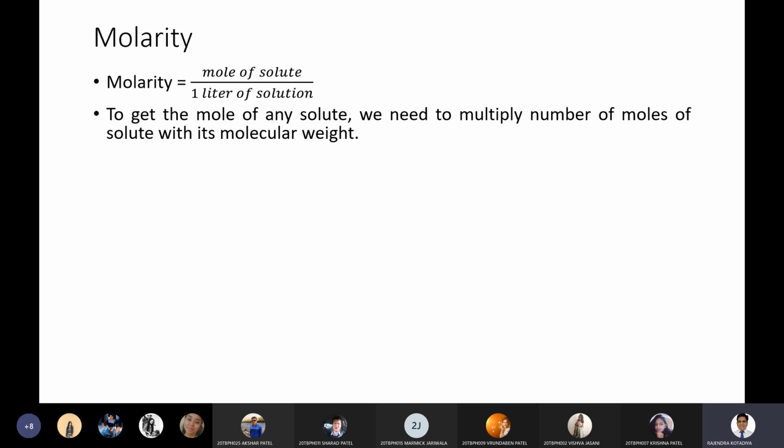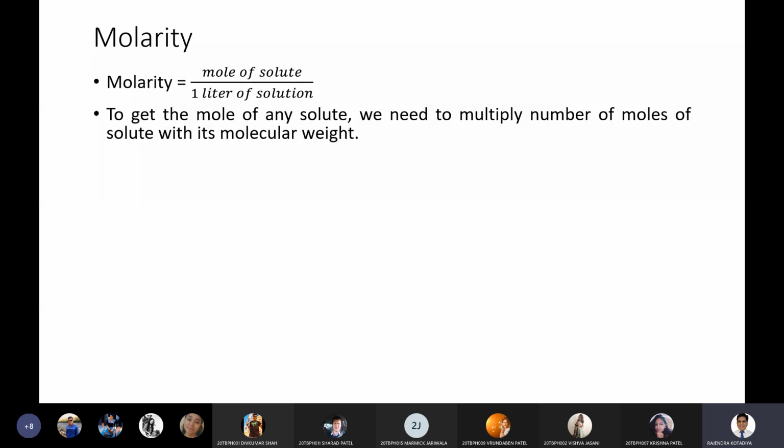Is it possible to weigh 1 mole of solute or 2 moles of solute? No, sir. Absolutely not. Okay, why? Because moles are nothing but proportional ratios. They are representing the proportional ratios of the reactants. So it is very difficult to weigh out the mole of any solute.